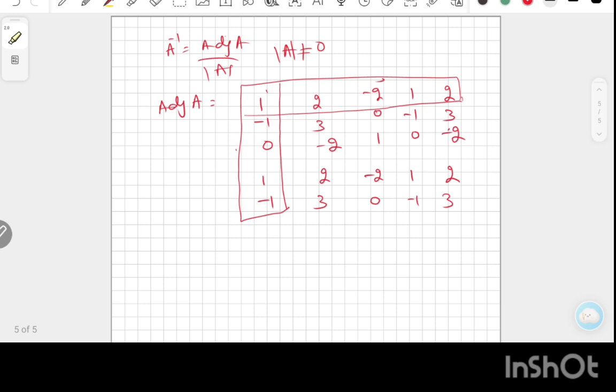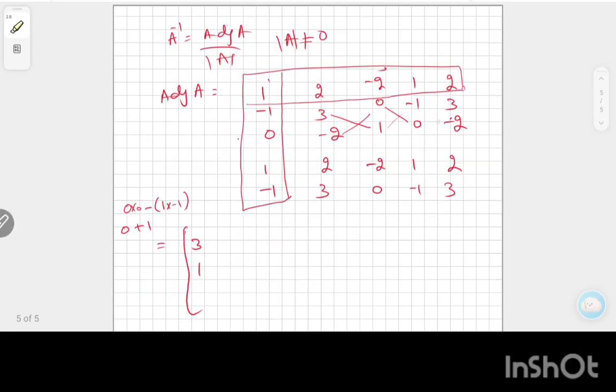So we have to multiply this one, 3 ones are 3, and minus 2 multiply by 0. So we write it here, and 0 multiply by 0 and 1 multiply by minus 1, minus 1. So 0 multiply by 0 minus 1, 1 multiply by minus 1, so 0 minus minus, plus 1, the 1. So next one is minus 1 multiply by minus 1 multiply by minus 2, and 0 multiply by 0, so positive 2.